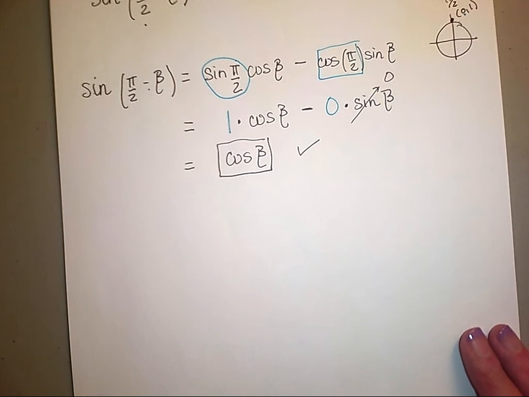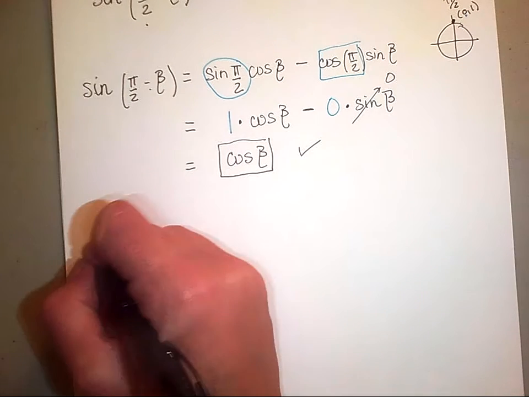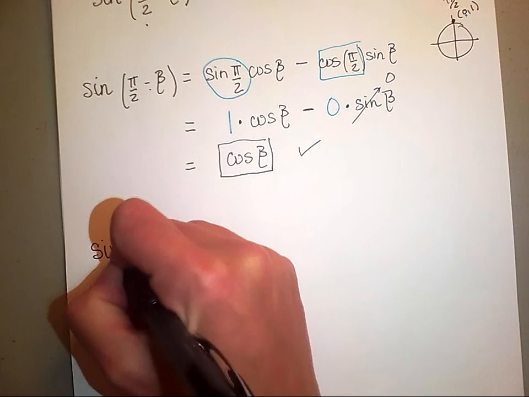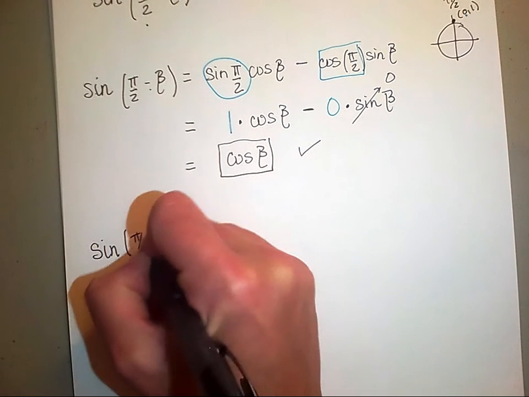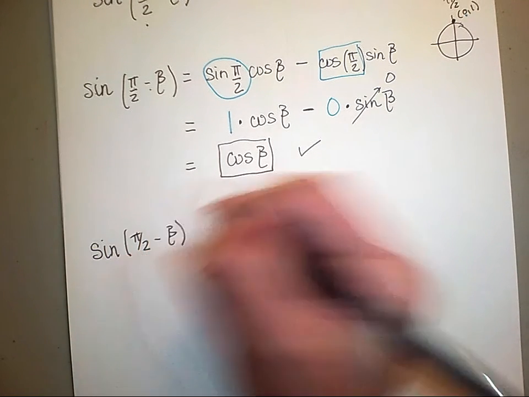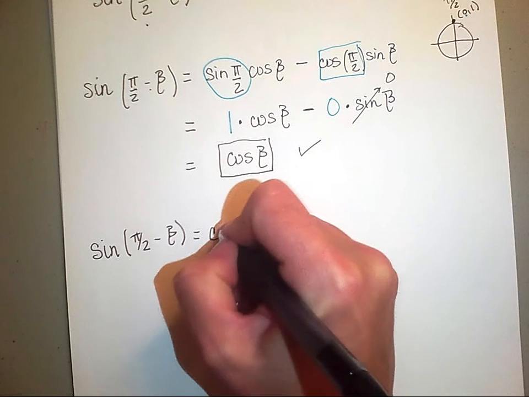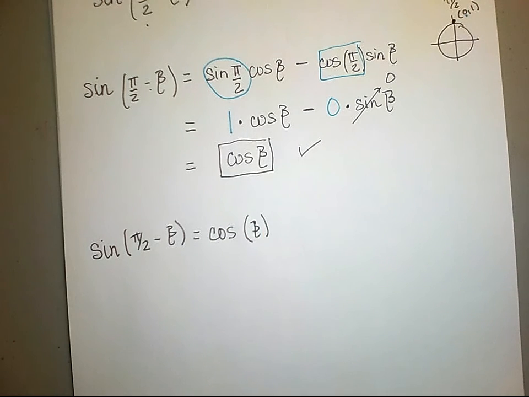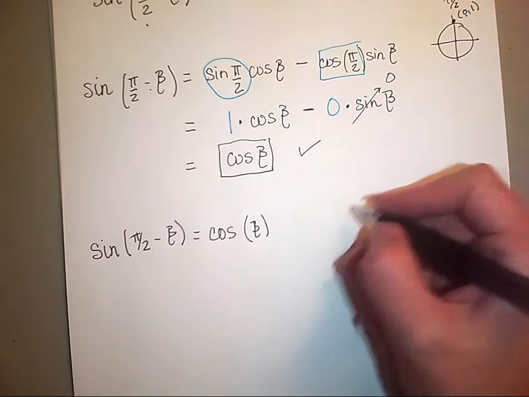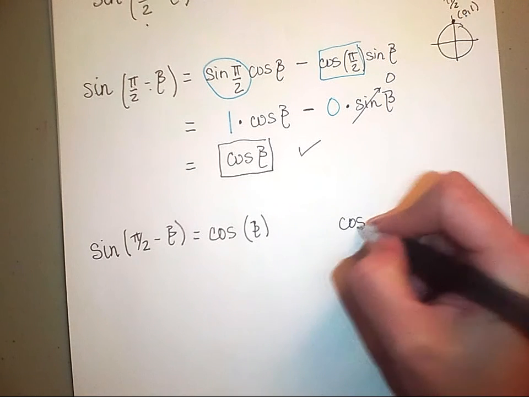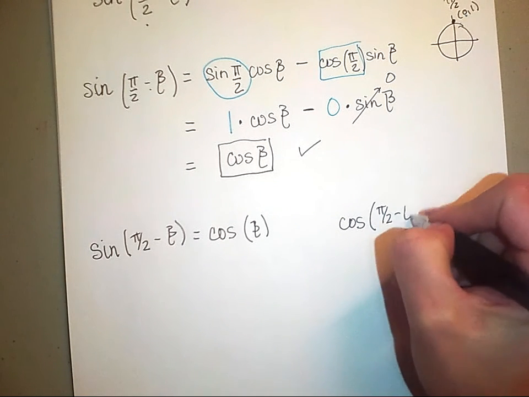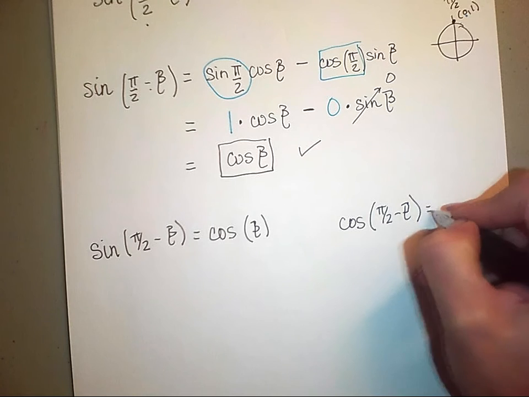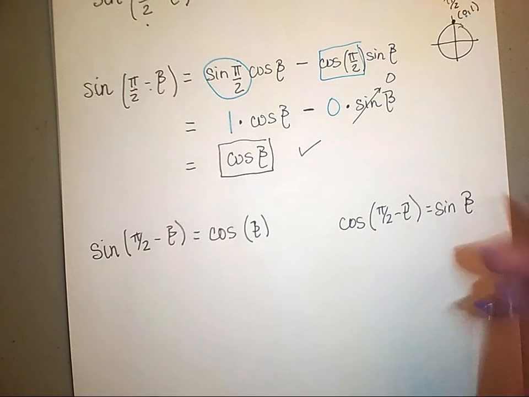Okay. So let's see if we can write these all down. The sine of pi over 2 minus an angle has to be equal to the cofunction of the angle. Similarly, the cosine of pi over 2 minus beta would also have to be equal to the sine of beta.